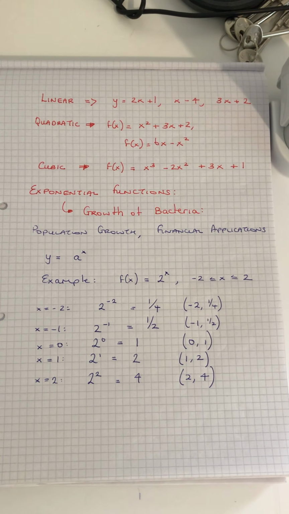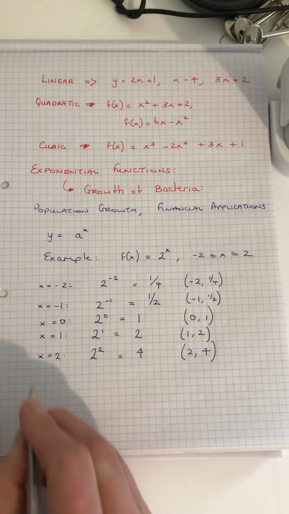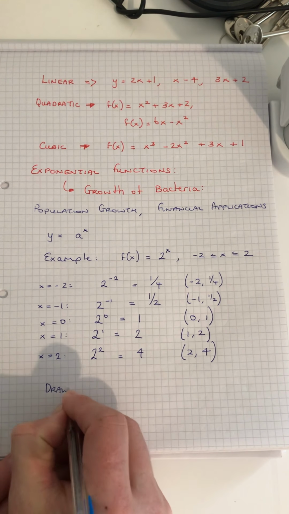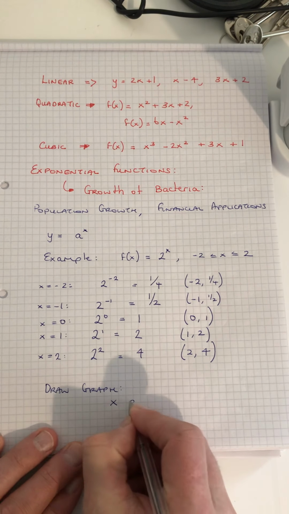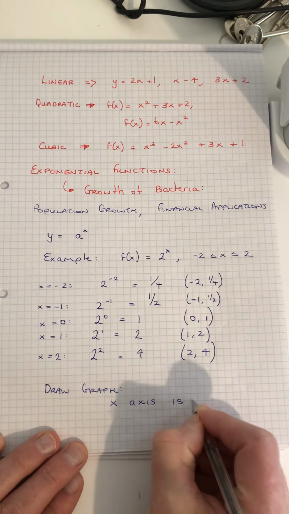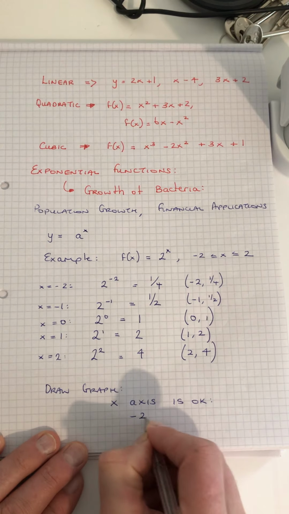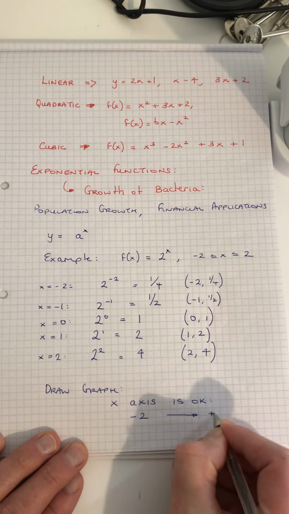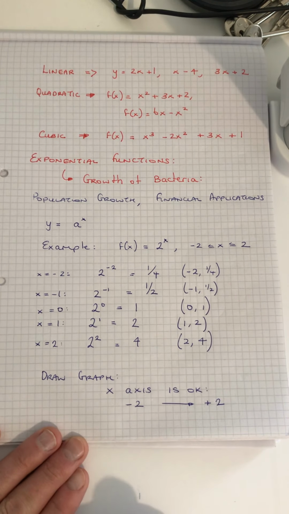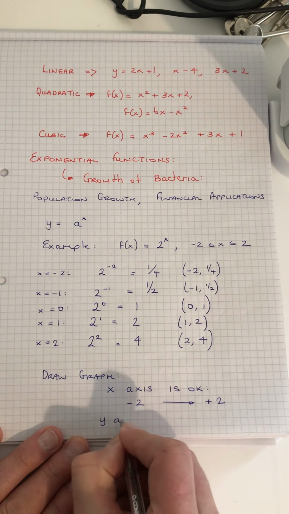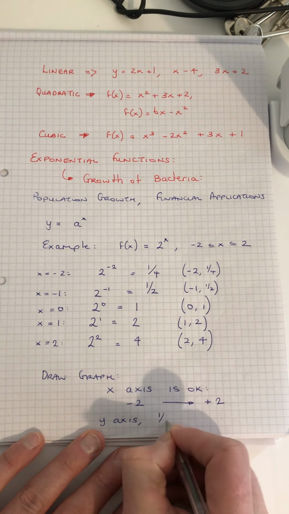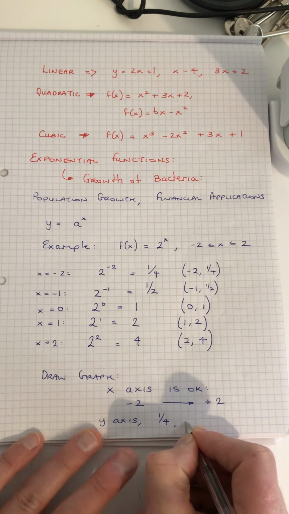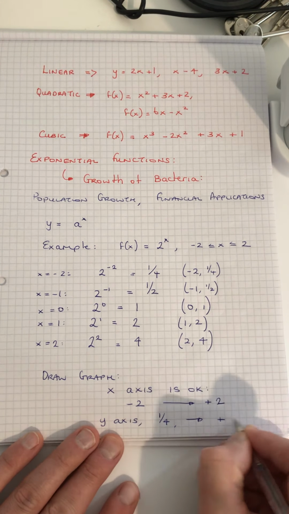Now, we have to draw the graph. The x-axis is okay. We're going from minus 2 across to plus 2. But on the y-axis, we need to go from 1/4 up to plus 4.